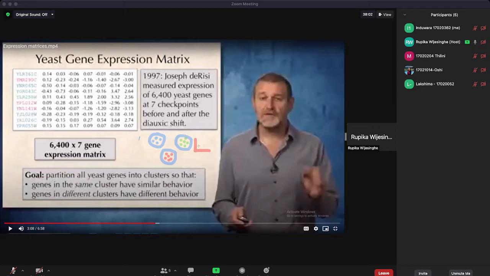Some will decrease. So some genes' behavior will be like this, will decrease, but some genes will not be affected. This set of genes we can say is not affected, they will have the same level of expression.